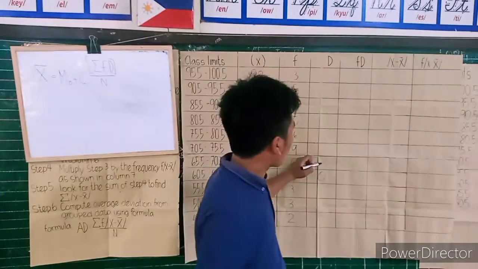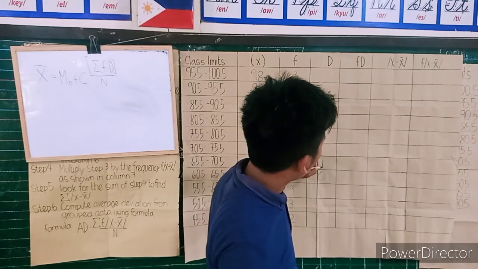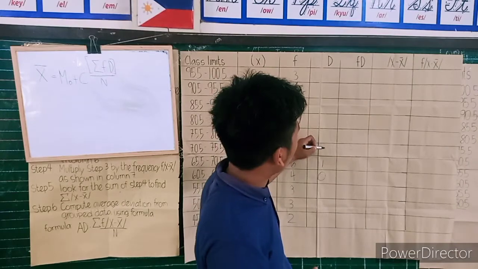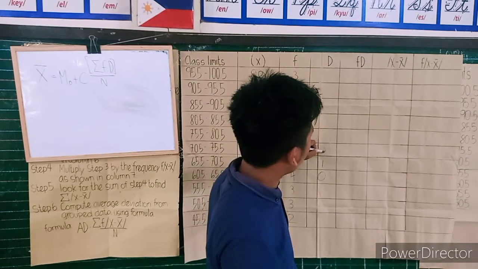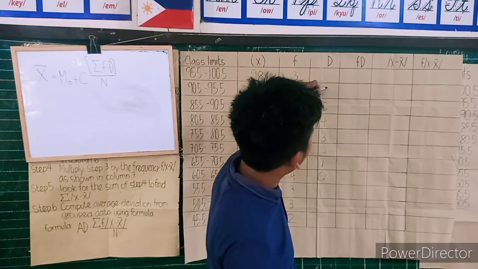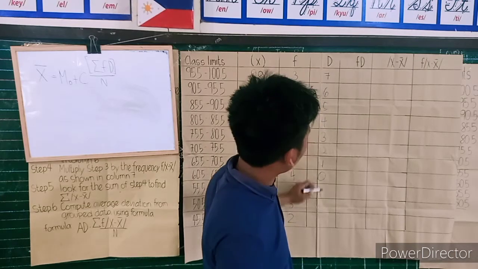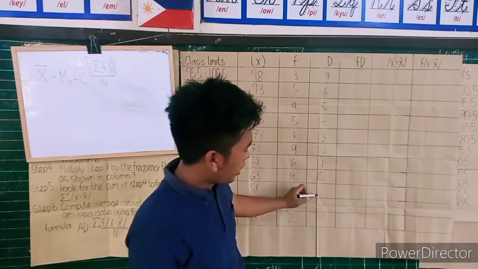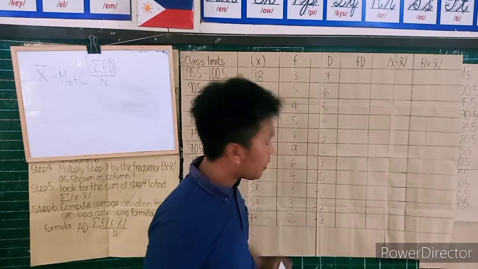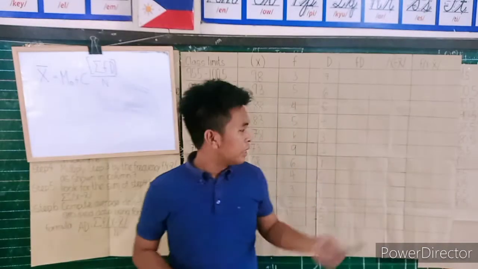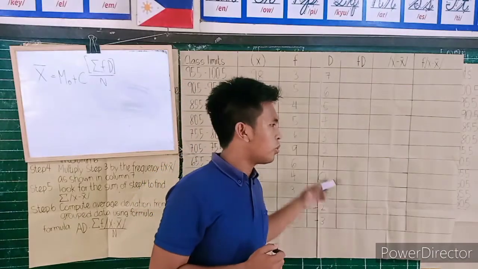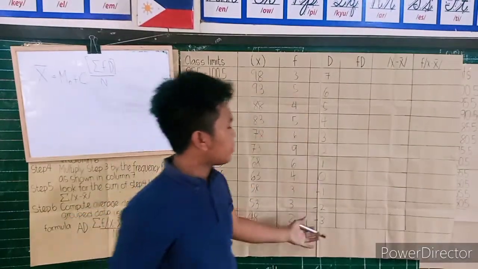In this section going upward we place positive: 1, 2, 3, 4, 5, 6, and 7. Below zero, we have negative 1, negative 2, and negative 3. Remember that there is no formula for the deviation; you only place it in the table or in your class limits.